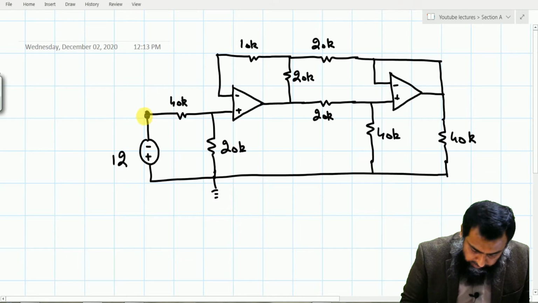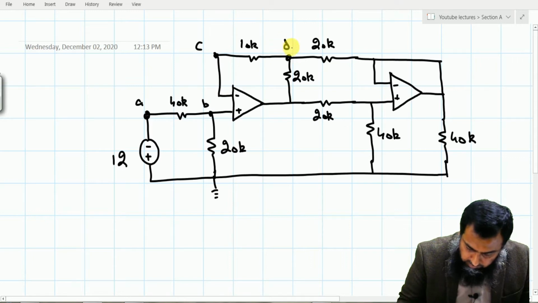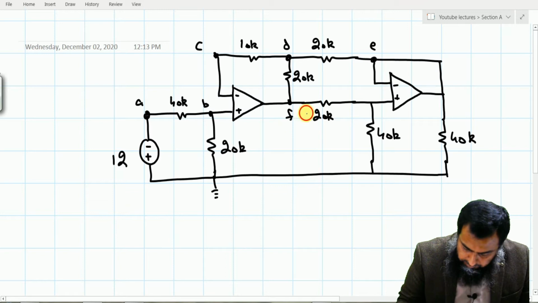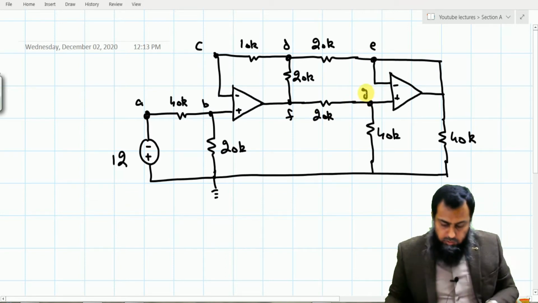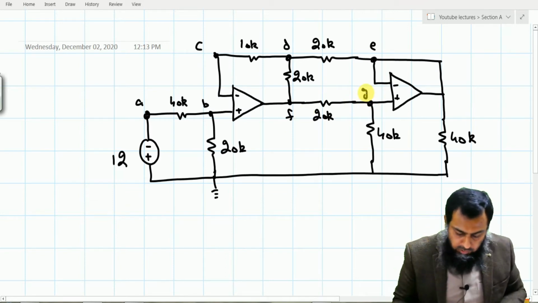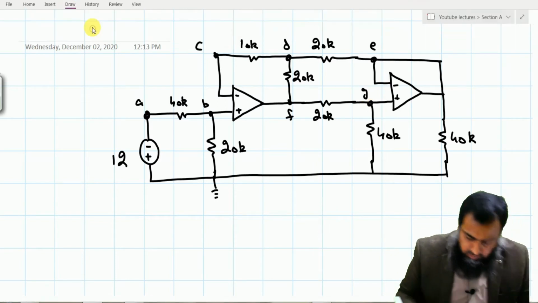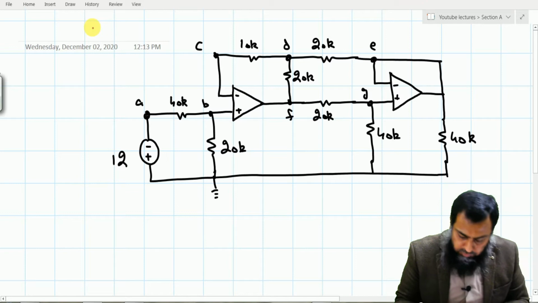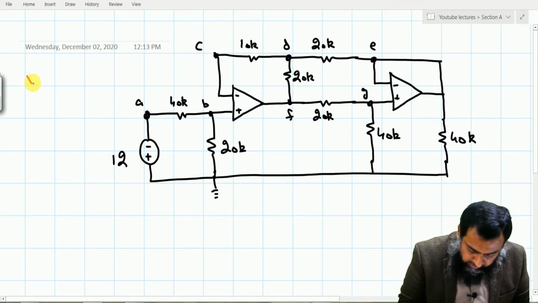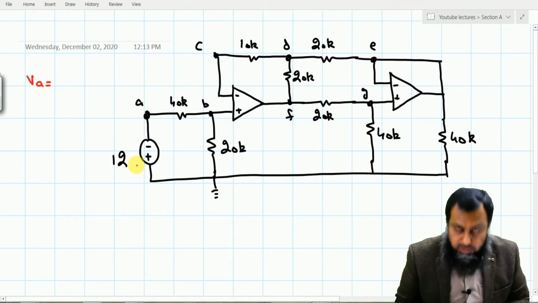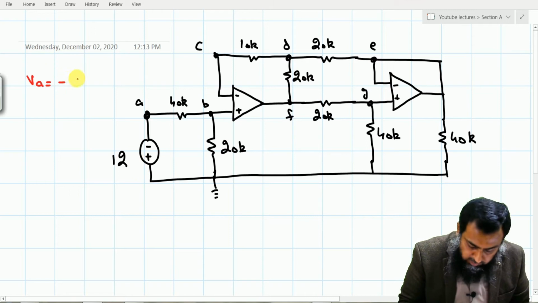So you were tasked to find out the voltages at all of these nodes. So this was the overall question. Let us solve for this particular numerical. This VA is equal to this voltage source, so that is equal to minus 12 volt.